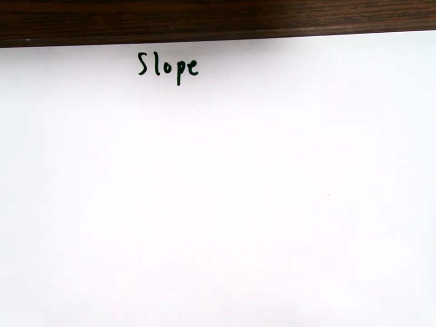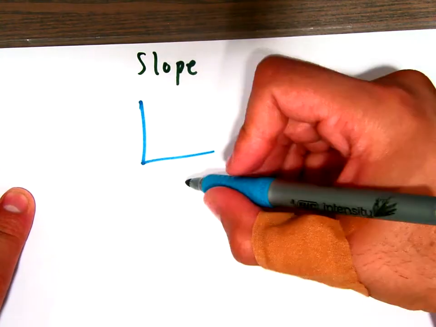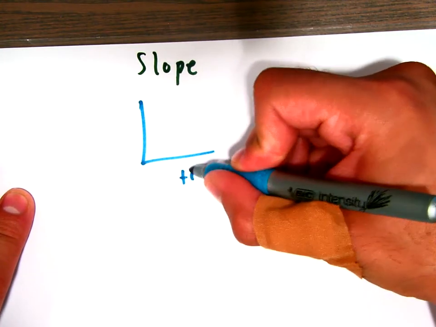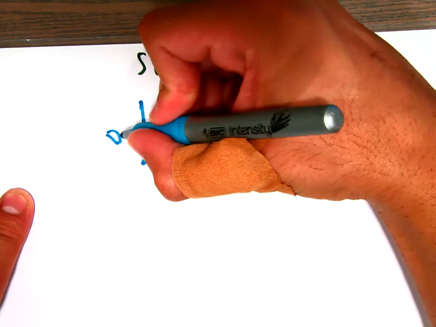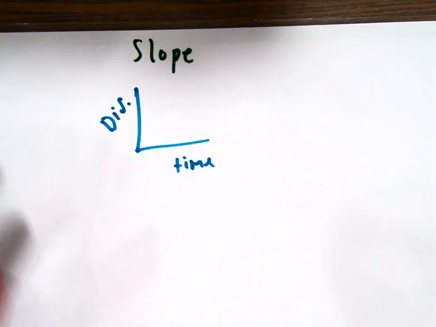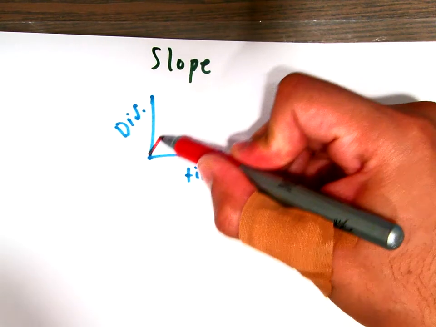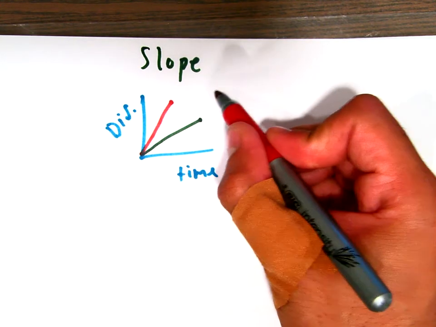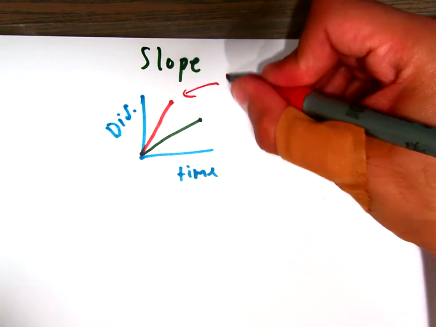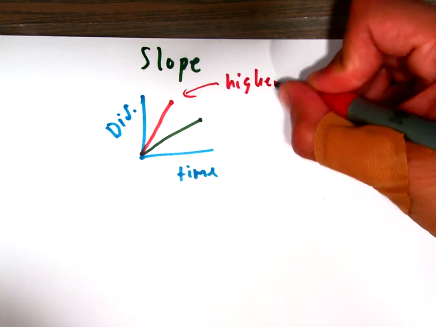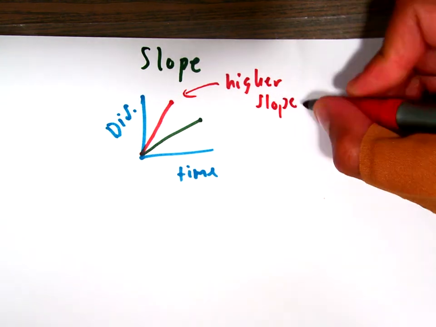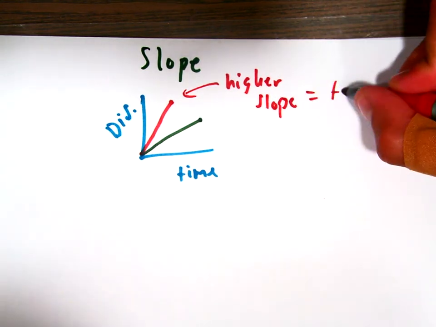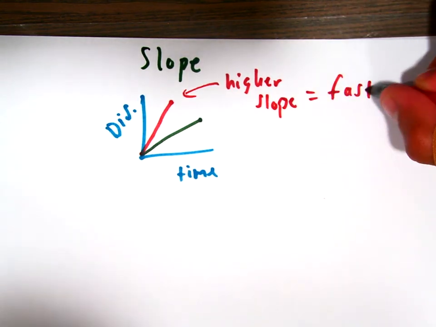Okay, so when I have a graph in which I have time here and distance here, I'll just abbreviate. If we have something that looks like this and something that looks like this, the one with the higher slope, that's going to be the one that is traveling faster.